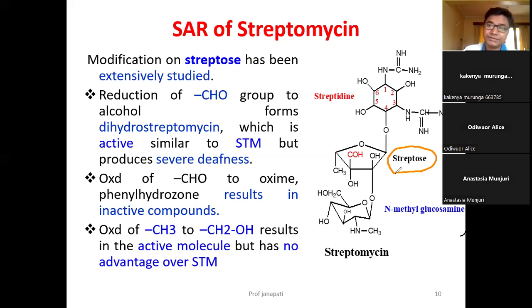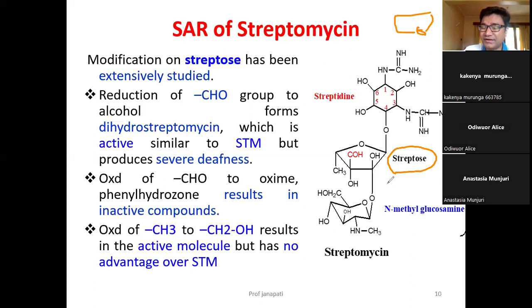We know that sugars can be in hexose form as well as five-membered form. This is the five-membered form, which looks like furan, like tetrahydrofuran. So that's why this sugar is called furanose.